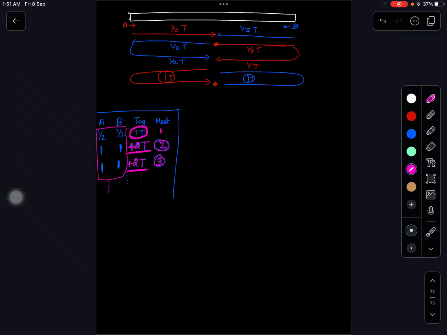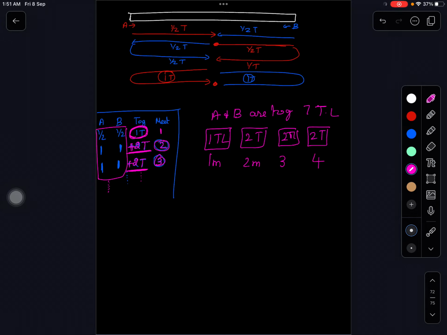In a linear track, let's say A and B are together covering 7 track lengths. It means they are not meeting for the 7th time. Rather, they would have covered one track length for the first meet to happen, 2 more track lengths for the second meet, 2 more for the third meeting, and 2 more for the fourth meet.